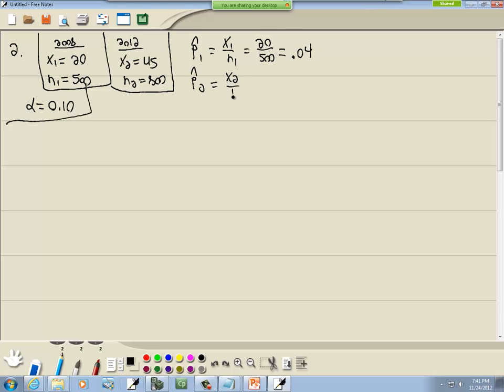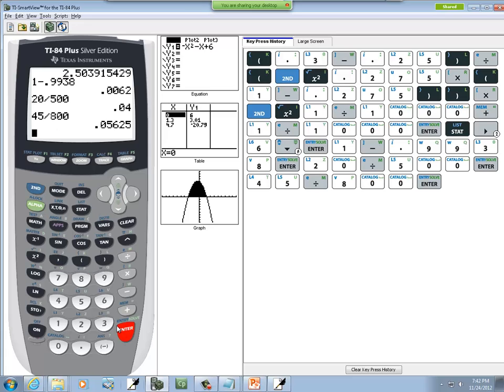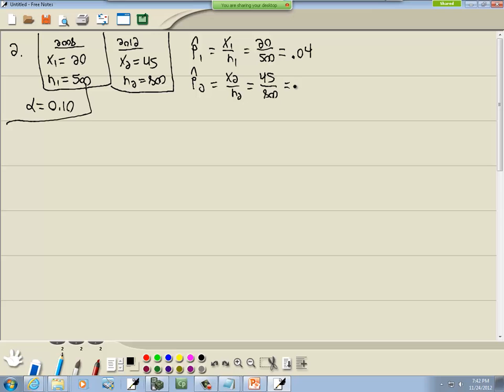That's x2 over n2. You don't need this for the calculator, this is by hand, really. This will be 45 over 800. So 45 divided by 800, and we get 0.05625.